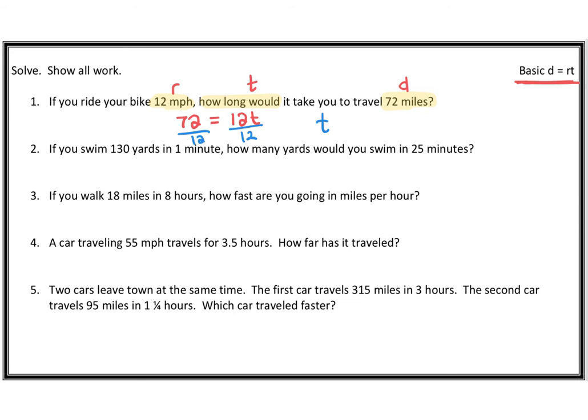My time equals 6. It is miles per what? Hour. So 6 hours. Pay attention to your units, because sometimes they'll say this many minutes and you need to convert it to hours, or vice versa. You don't want to use two different units. So pay attention to your units.